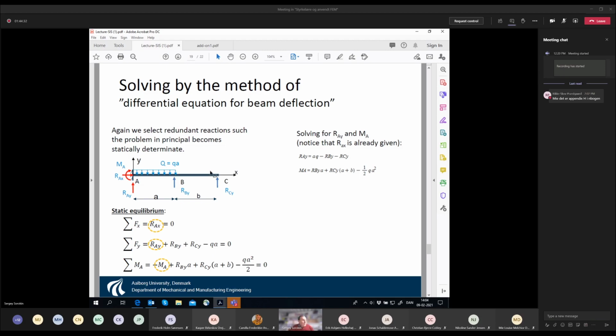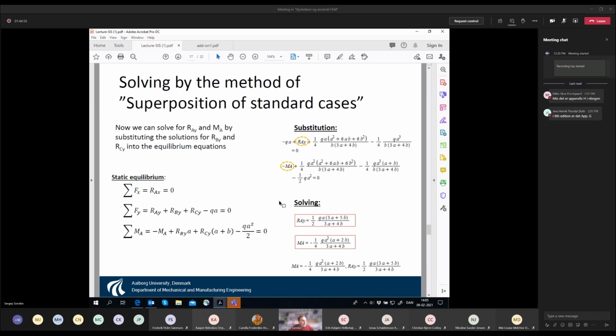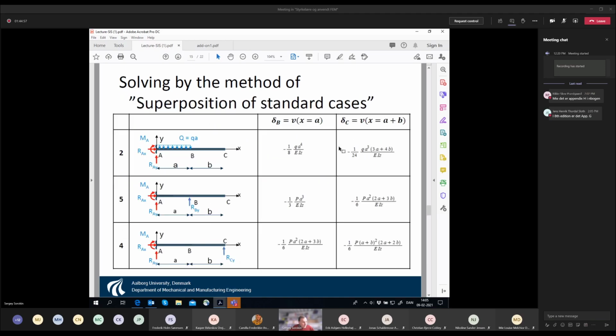You have the formula for the moment, you integrate it twice, you get two integration constants, and you determine them from the boundary conditions. And then you do it once and for all. This is how these things are done.